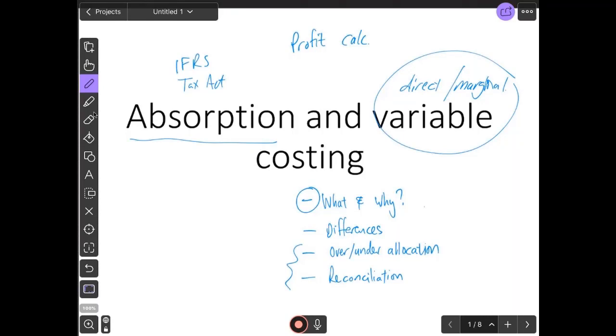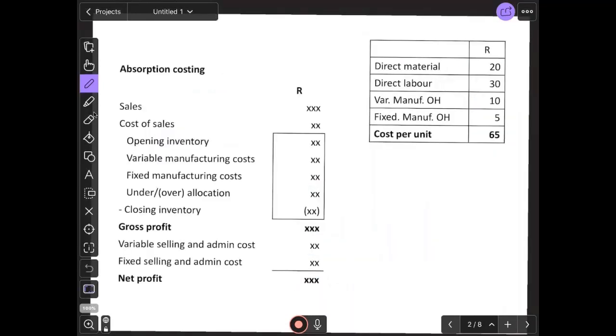So that's the reason for absorption costing. Variable costing, as you will see later when we look at the format, is to make our life easier as management accountants that make decisions within the company. So let's look at absorption costing first. Let's go back. I just want to quickly chat about the differences.